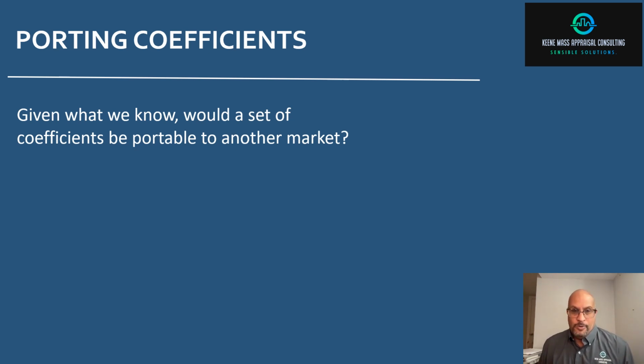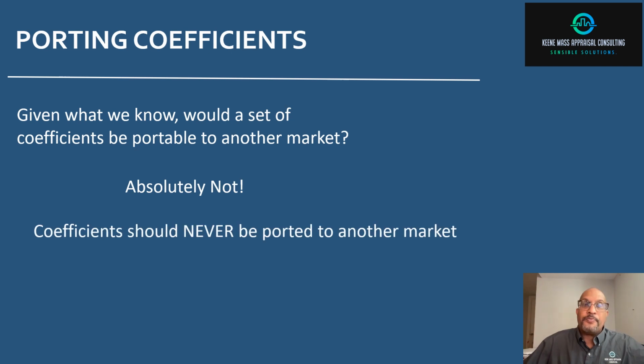So given what we've talked about so far, would a set of coefficients be portable from one market to another market? Absolutely not. Model coefficients should never be used outside of the model for which they were developed. So model coefficients are not portable. So that's no to borrowing adjustments for planting trees or rate per square foot adjustments.